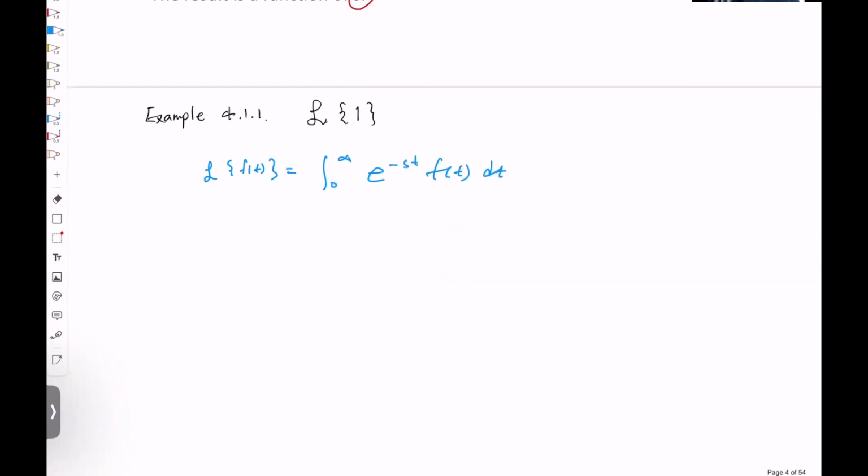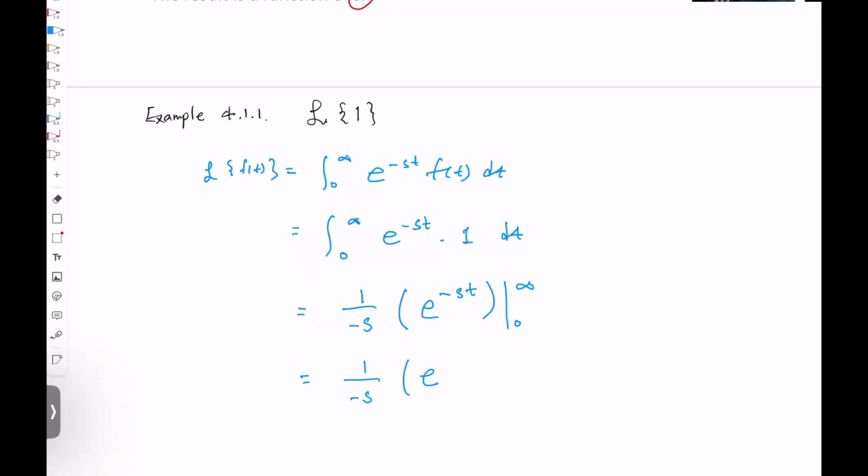So from this definition, we're going to put that in here. 0 to positive infinity, e to the negative st. What is our f of t? That is 1, and dt. So we have 1 over negative s, e to the negative st, going from 0 to infinity. If you plug in positive infinity, e to the negative s times infinity, minus e to the s times 0.